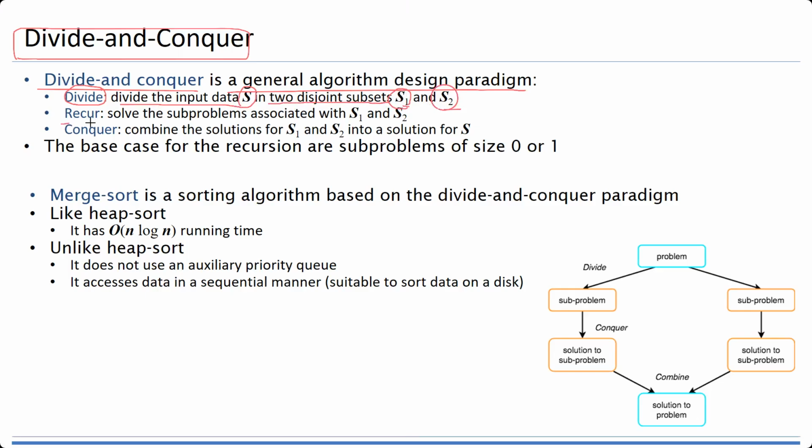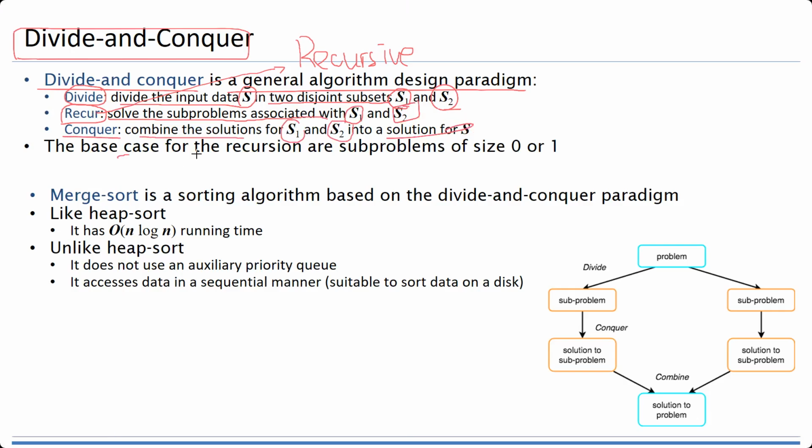And then we recur. So this is the recursive step, which happens to solve the subproblem associated with S1 and S2. And then conquer. Conquer means we want to combine the solutions for S1 and S2 into a big S.